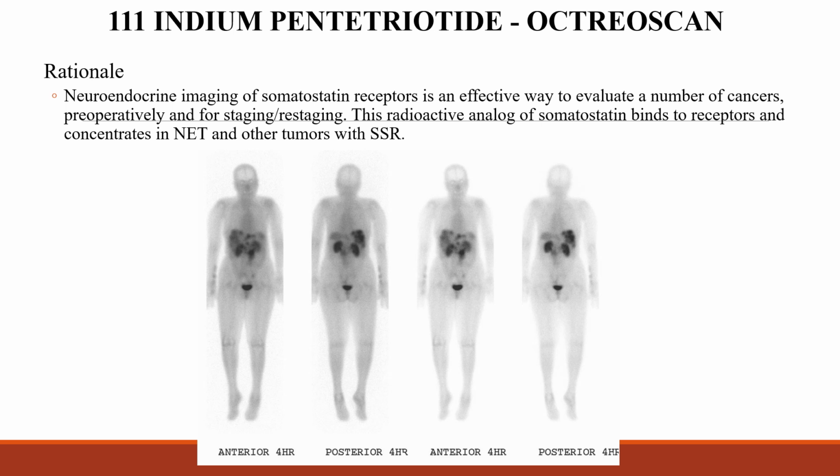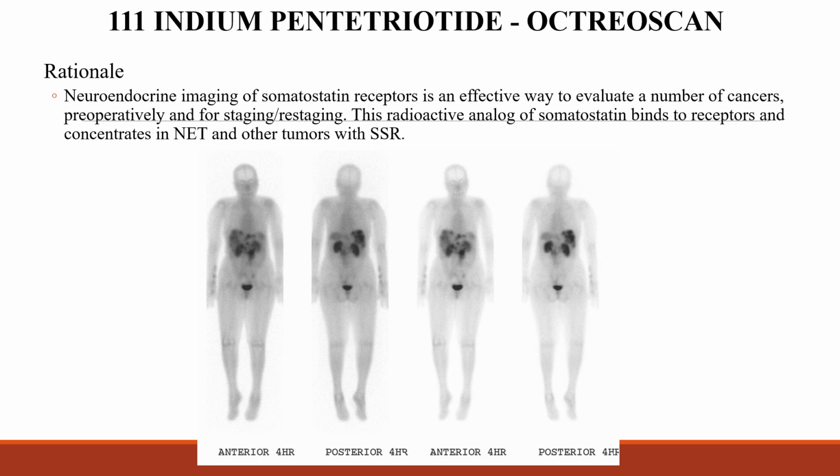And so they develop more somatostatin receptors on the surface of them because your body is trying to control itself, right? And get you back into homeostasis. So knowing that there are more somatostatin receptors on those cells, we take advantage of that, use an analog of somatostatin, bind it to the radioactivity, and then it can be used for imaging or for treatment. So that's the whole rationale of all the neuroendocrine imaging and all the therapies.